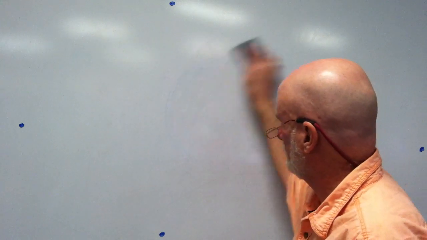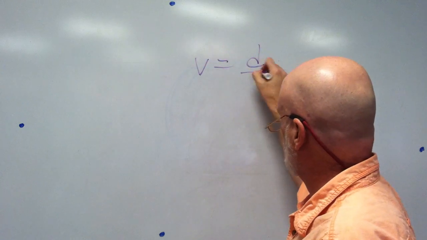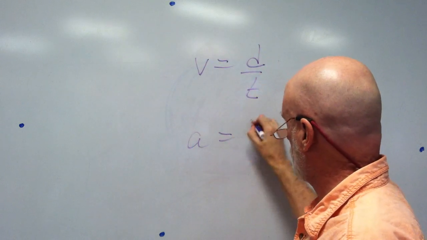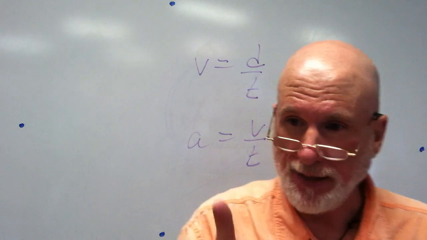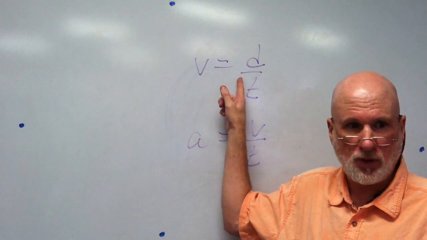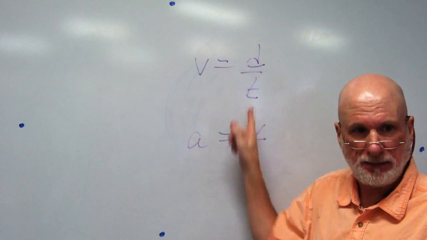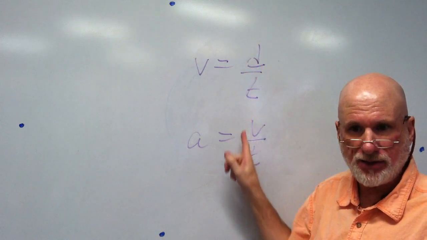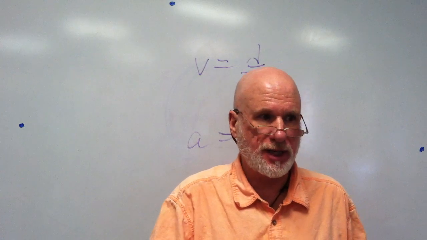So let's review. Velocity is distance over time. Acceleration is velocity over time. Correct? Yes. But it's also direction. This just gives you an idea of the magnitude. So in other words, he's going 60 miles an hour.